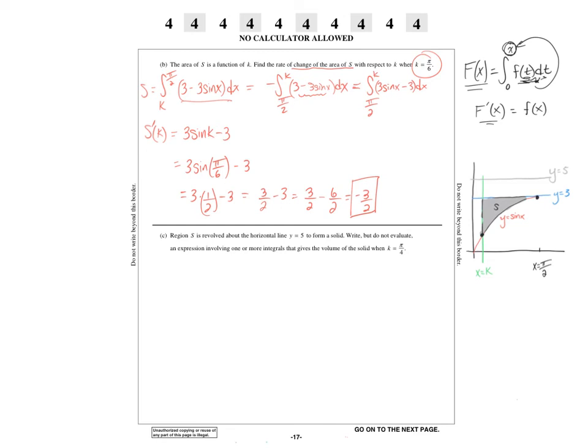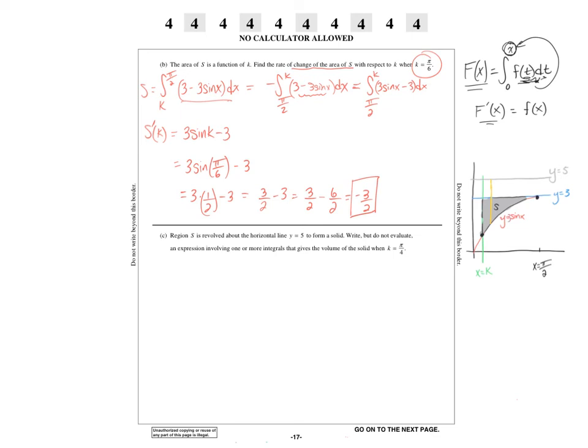So, the thing here is we're going to go big R and little r. So we've got to find out, from our axis of revolution, the larger radius is going to be this distance down to sine of x. Or, I'm sorry, that's not sine of x, it's 3 sine of x. Tuck a little 3 in there.